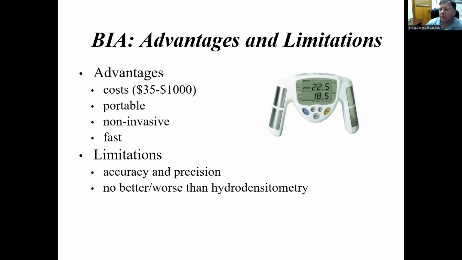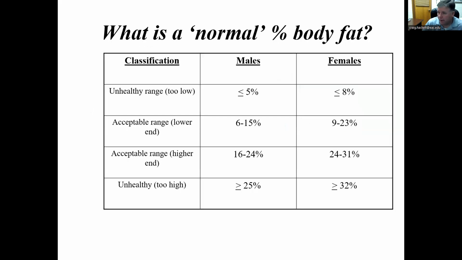We just picked up our scales for about $30 each, and they do both. The one pictured on the screen you can get for like $15. They're the same accuracy, no worse or better than hydro density, and about the same as the pinching caliper, so skin fold. This is the way to go.